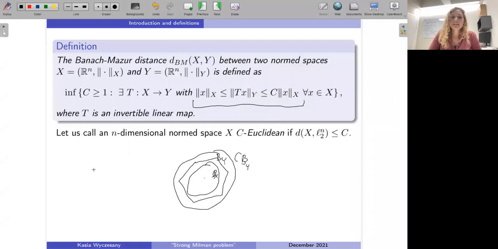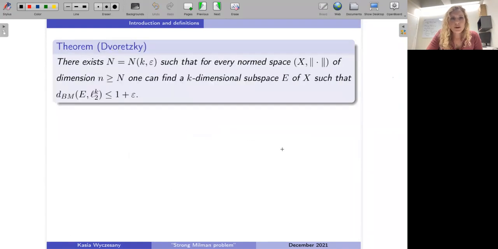Right, and in particular, one is interested in the space X being L2, the Euclidean space, and therefore here is a little definition. I'll be referring to spaces whose Banach-Mazur distance from the L2 space is at most a constant C as C-Euclidean, okay?